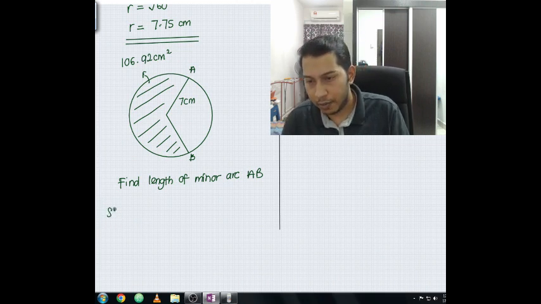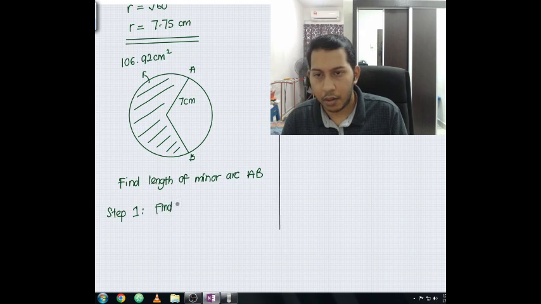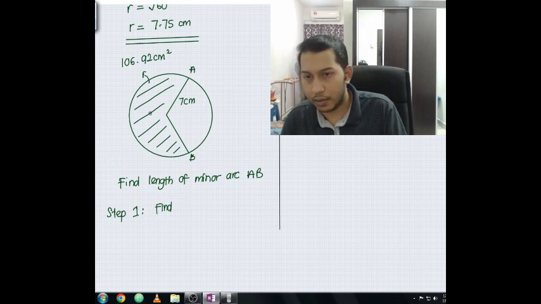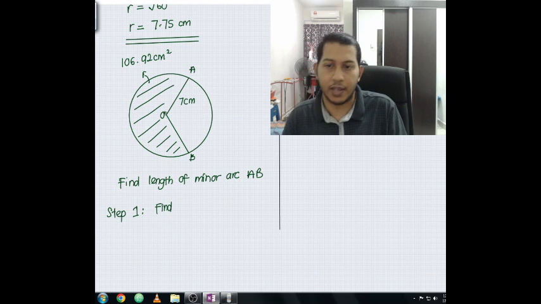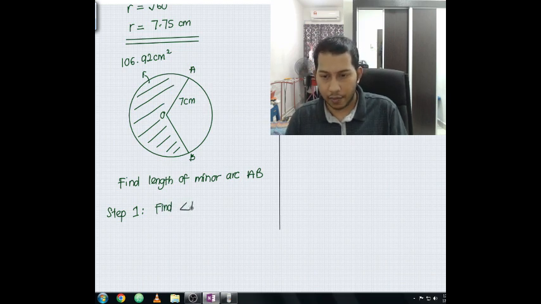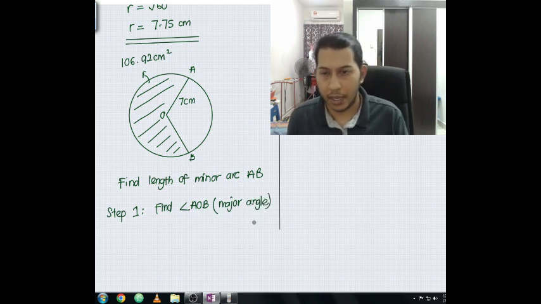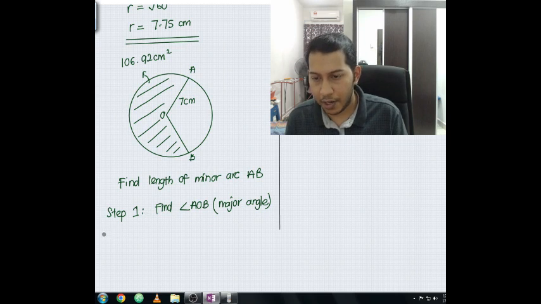So step 1, find the angle. Let me write here O, guys. Center O. So the angle AOB, in this case the major angle. To find this, we're going to use the area of sector formula.